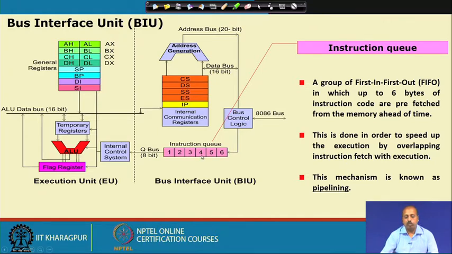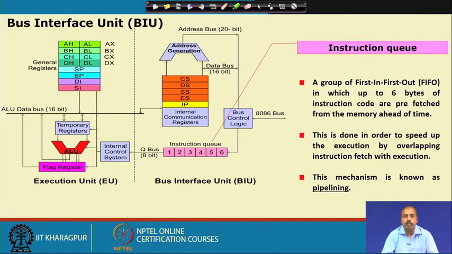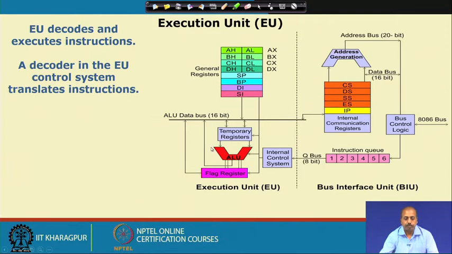Instructions in the 8086 vary from 1 byte to 6 bytes, so this 6-byte instruction queue has been provided so that instructions can be prefetched. This speeds up execution by overlapping instruction fetch with execution. This mechanism is also known as pipelining: fetch and execution are pipelined.